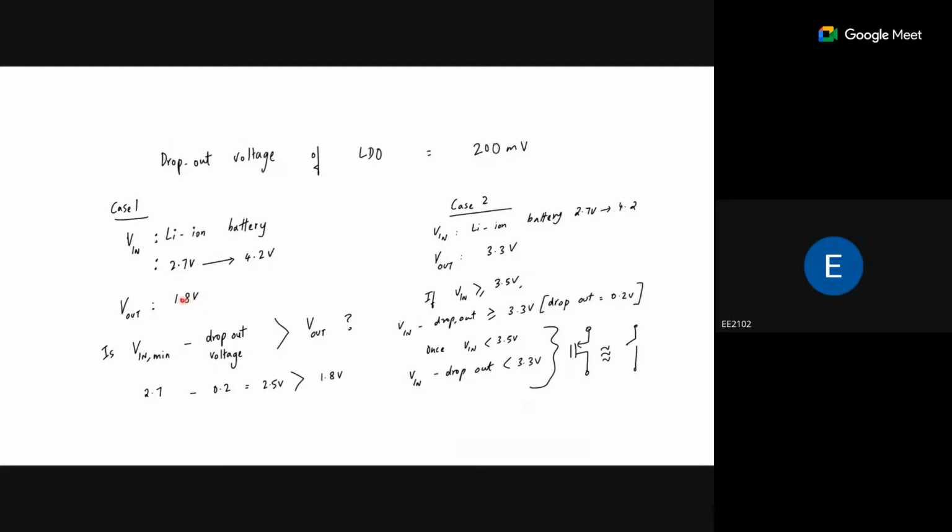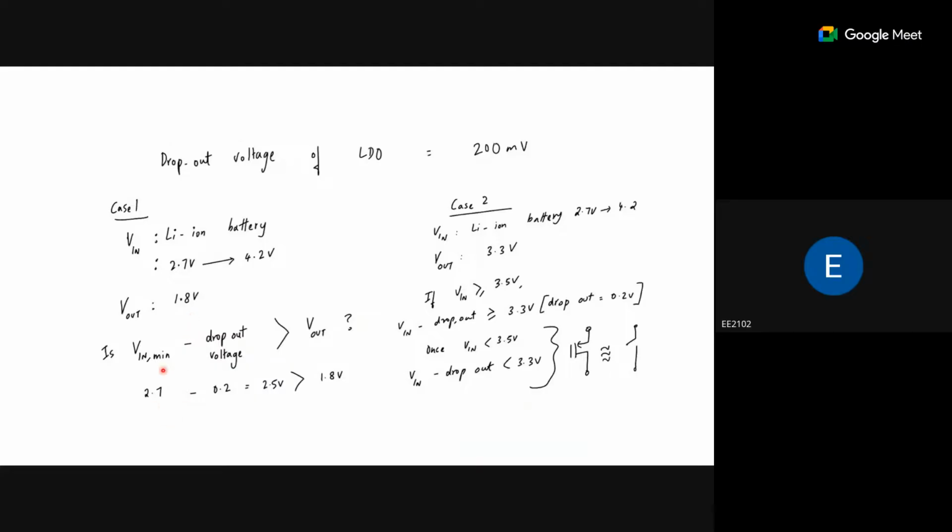How is it possible? You should design your dropout voltage so that V input minus dropout voltage is greater than V out. Only then can you achieve this.